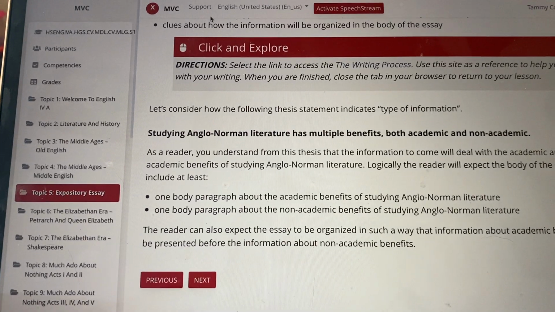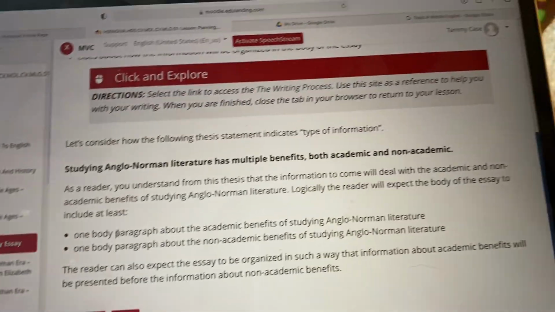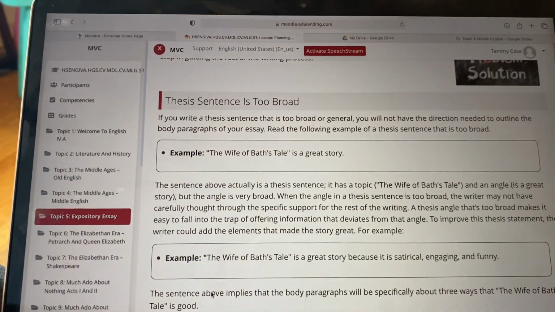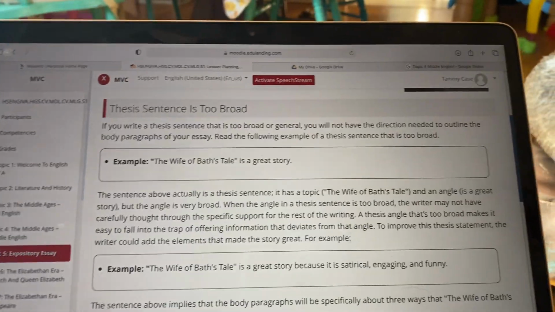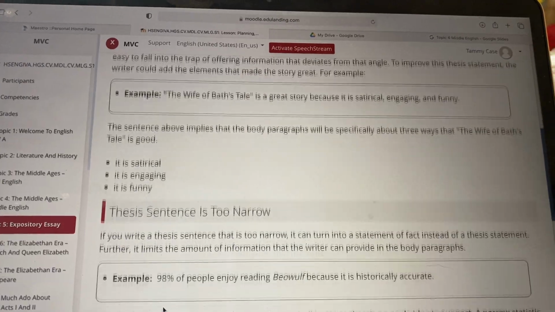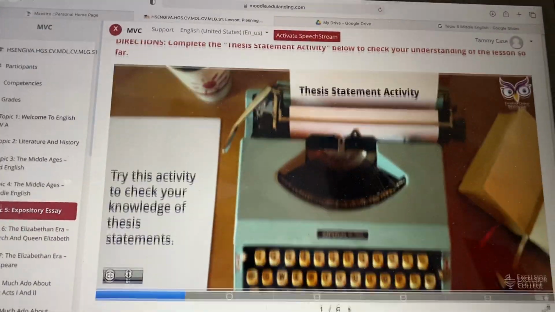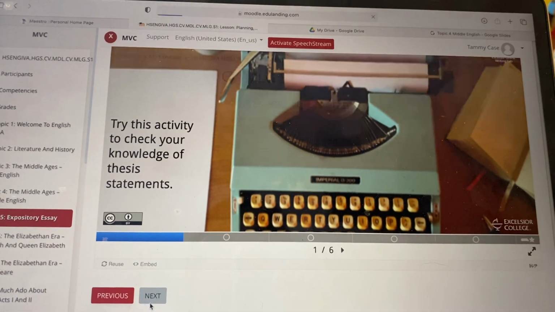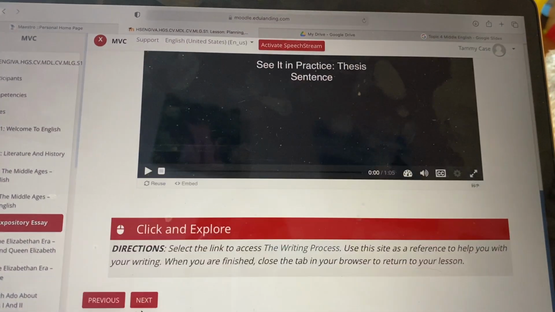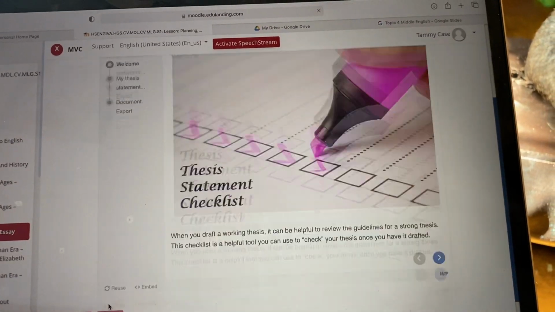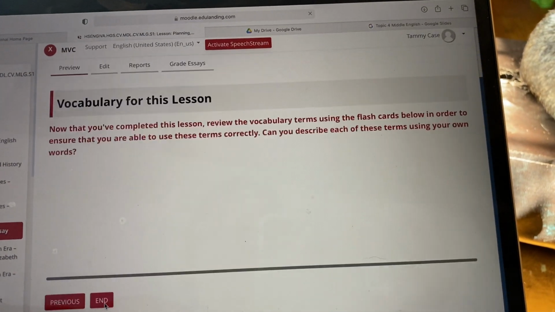Oh, this is an example, I think. It tells you common problems to avoid. This gives you a lot of examples. I'm not going to go through this. But if you actually read these screens, it will help you a lot in how to write your thesis.